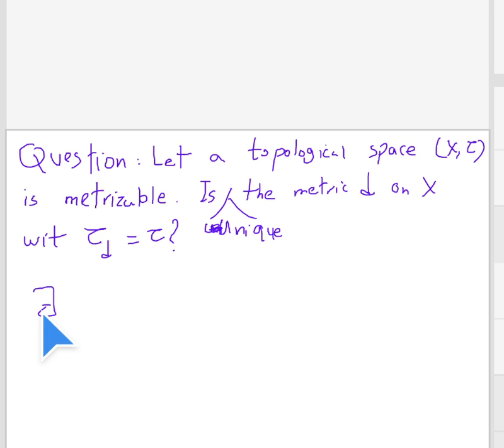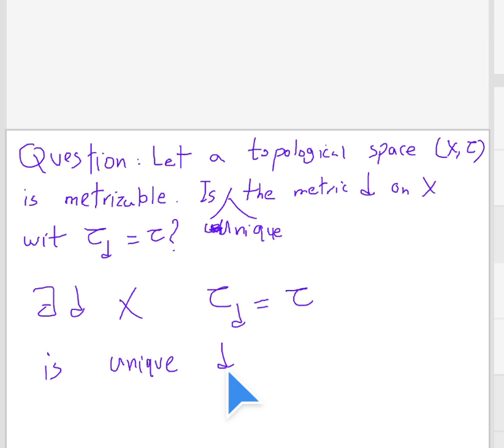For example, there is a metric d on X such that τ_d is equal to τ. Is the metric d unique? Okay. This is a good question.